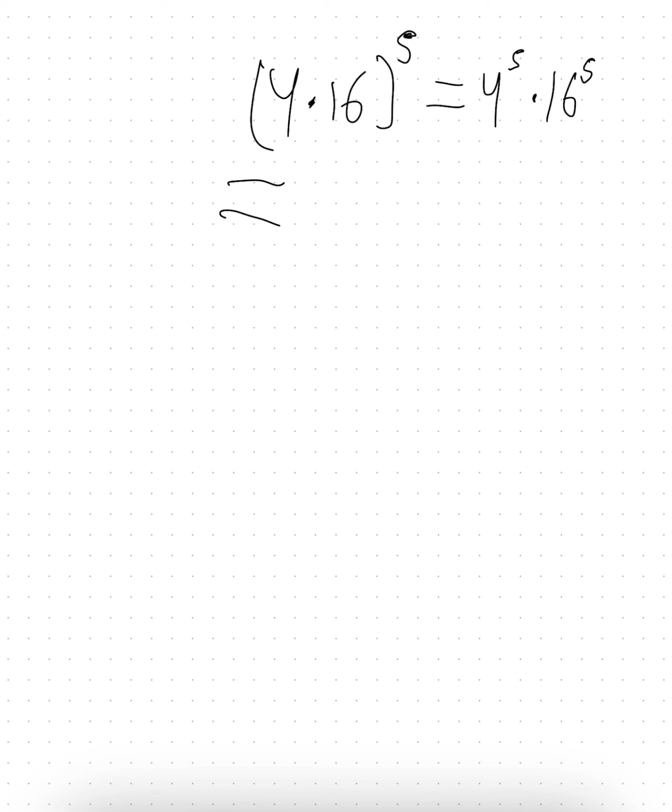What is 16 equal to? It's equal to 4 squared, right? 4 to the 2nd power. So I can rewrite this as 4 to the 5th times 4 squared to the 5th, okay? When we rewrite a number, it always has to be in parentheses like that, okay?